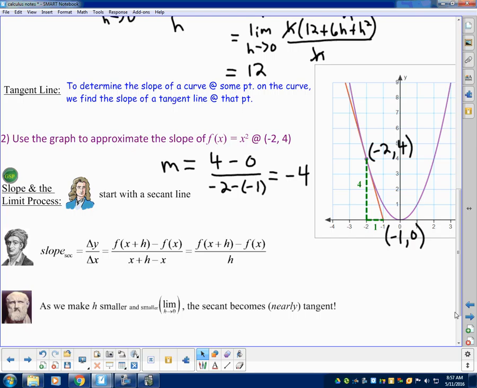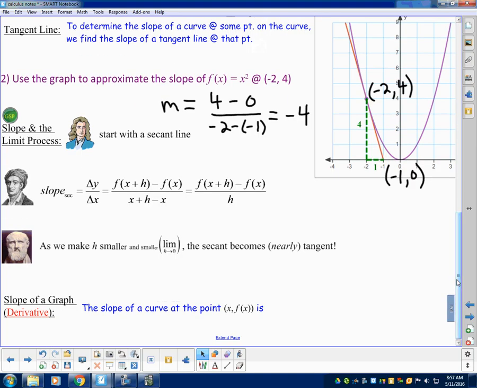And that we call the derivative. So the slope of the graph of the tangent line to a curve at a point is the derivative. There it is.